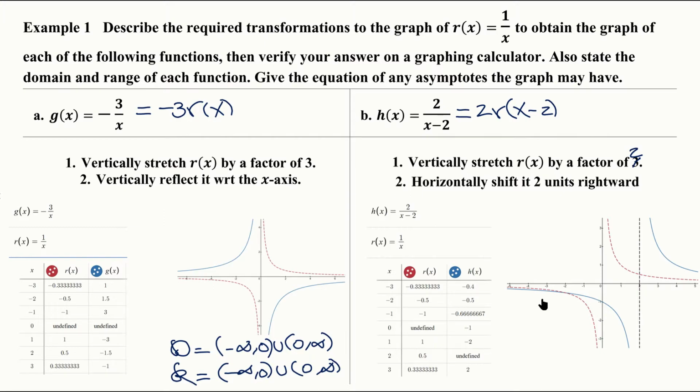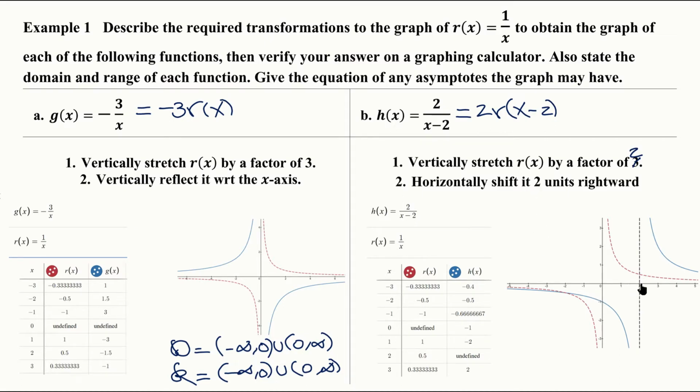Now notice that there is going to be a change in the vertical asymptote for the blue curve, right? Because it's shifting to the right, so its vertical asymptote is going to shift as well, okay? The horizontal asymptote is not going to change because we did not change the graph by moving it up or down, right?